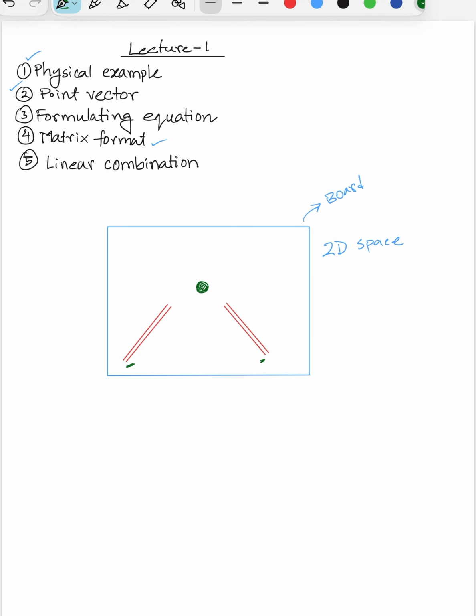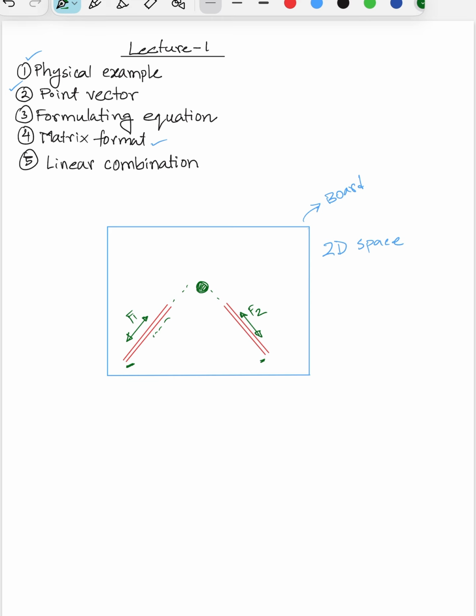Now along each of these lines of action we can create force in both directions, in this direction or this direction, and here as well we can create force along this direction or the other direction. So if this is say F1, this is F2, we can create an outward force going in that direction or an inward force like this direction.